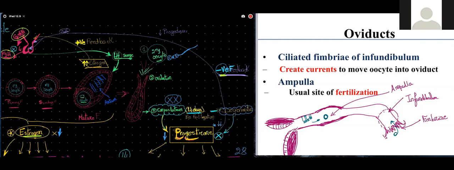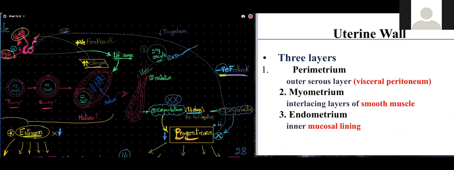And remember, the junction between the fallopian tube and the endometrial cavity is what we call the isthmus. So again, what is the normal site for fertilization? It's the ampulla.